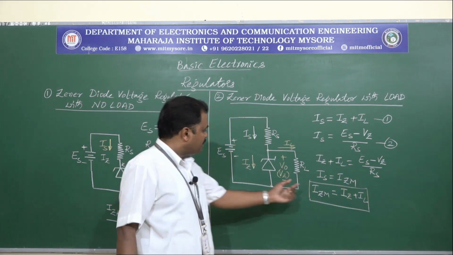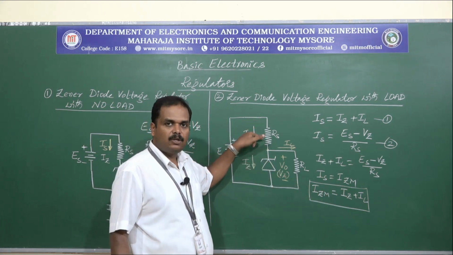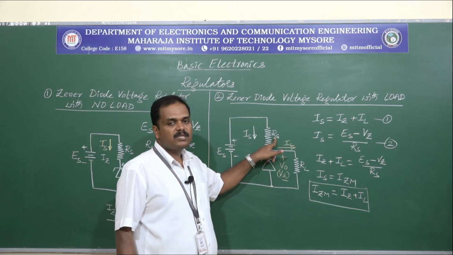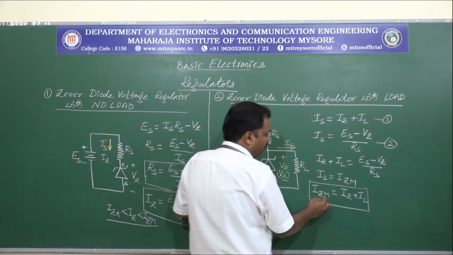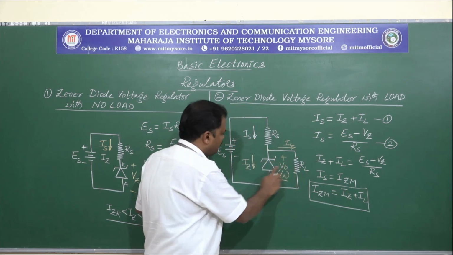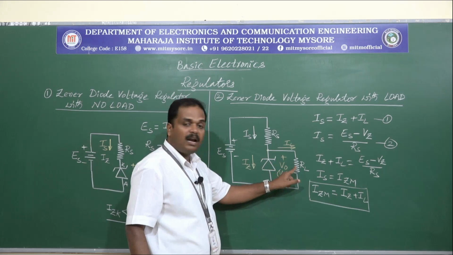So now this is the maximum current that should be allowed through the circuit, which can be controlled using the resistance Rs. This is written as Iz plus IL, considering the Iz and IL flowing through the Zener and RL.